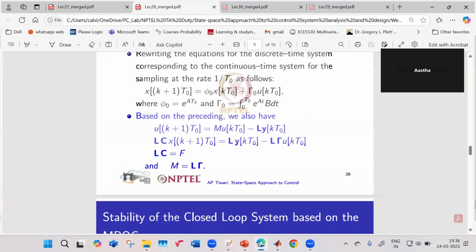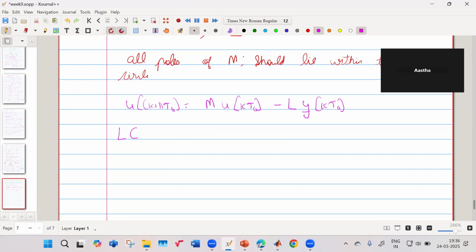Next we have LC x of k plus 1 T0 equal to L into y of k T0 minus L gamma u of k T0.